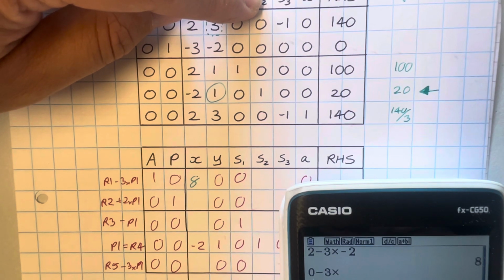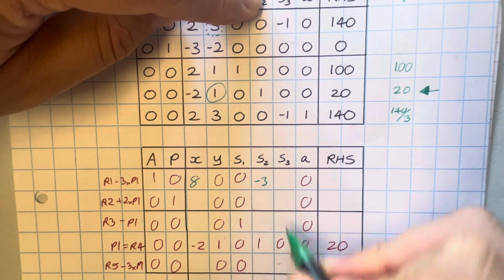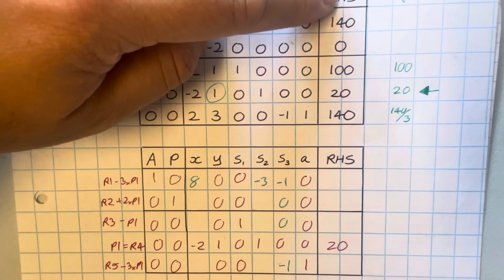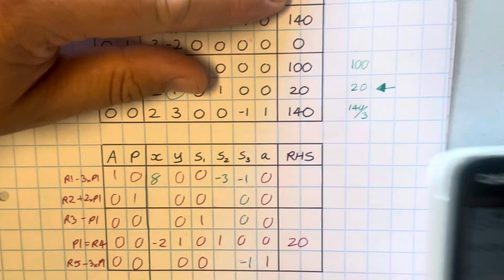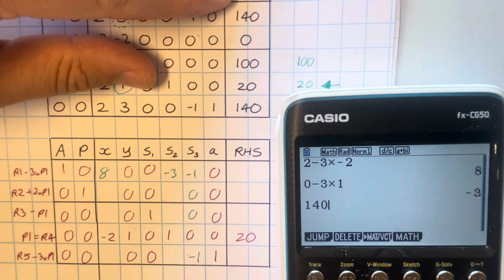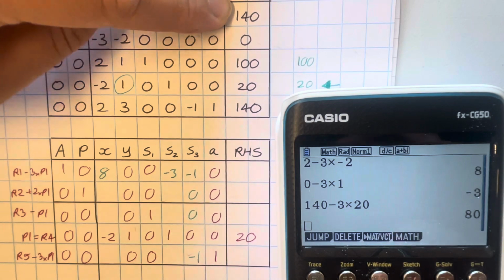Subtract 3 times the pivot, which is a 1, so that's -3. That's a 0, so actually that's going to remain as the same there, so it's nice and quick. And then 140. 140 minus 3 times the pivot, which is 20, so that brings us down to 80.